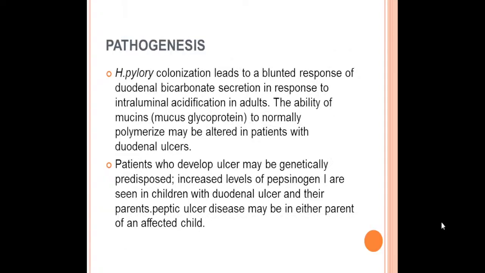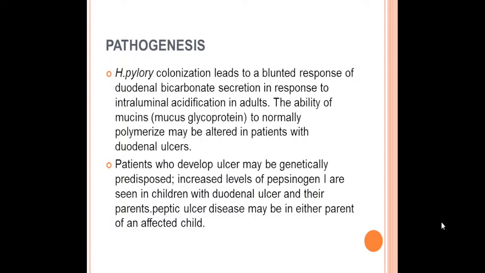Helicobacter pylori colonization leads to a blunted response of duodenal bicarbonate secretion in response to intraluminal acidification in adults. The ability of mucin, a mucous glycoprotein, to polymerize normally may be altered in patients with duodenal ulcer.